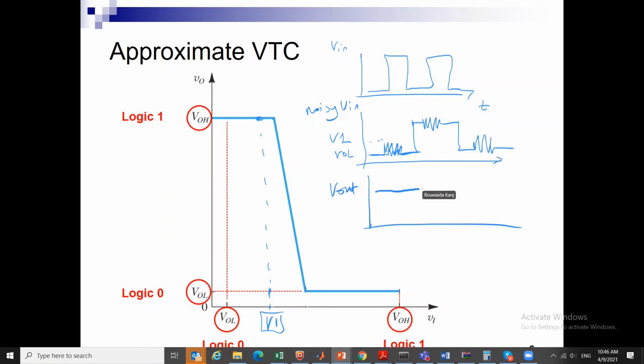However, if the noise is so large that it exceeds this range, the safe range, then I will start to get a low output and I will be in the risk zone. So this is why we define a noise margin, to guarantee that my output is still sufficiently high. This is the margin within which I can operate. If I operate beyond that, the circuit will fail.